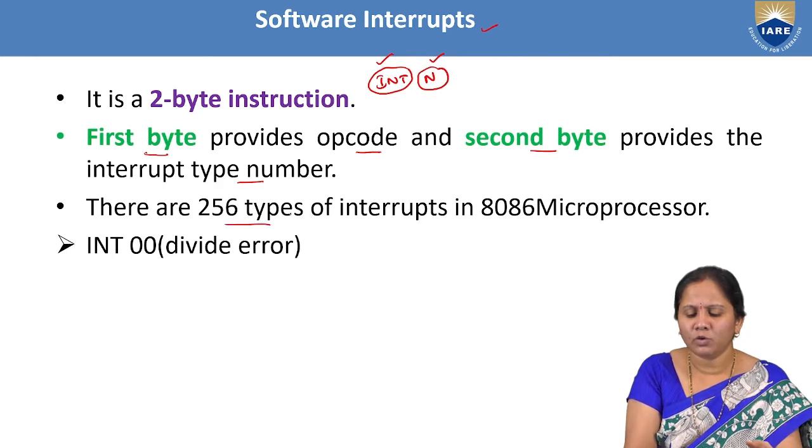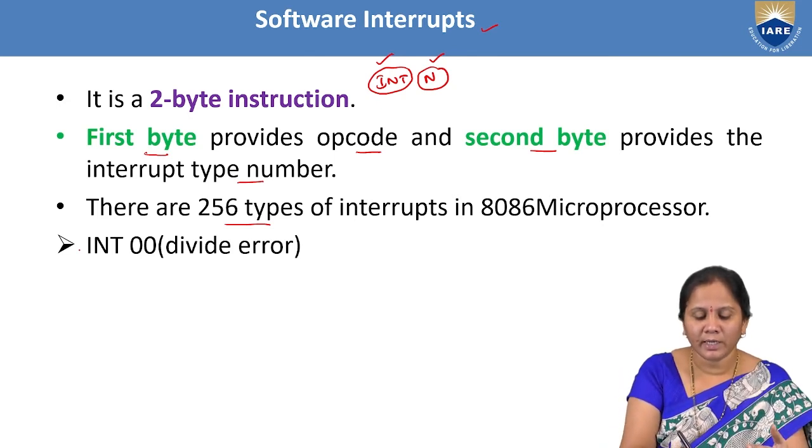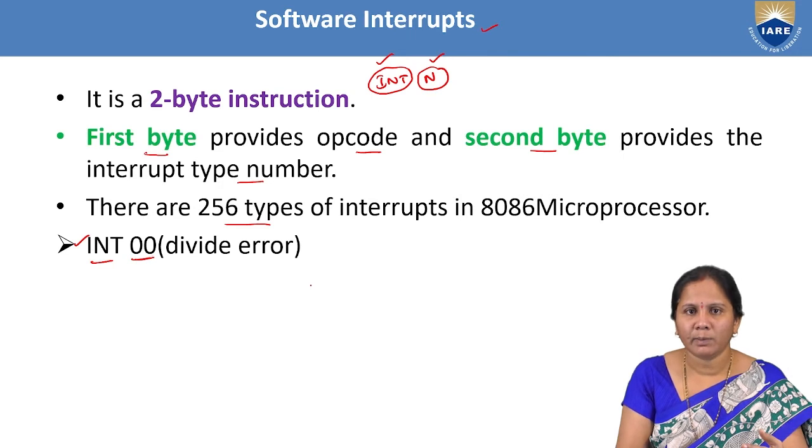Among these 256 interrupts, we are going to learn in detail about 5 interrupts that come under the dedicated interrupts classification in the interrupt vector table. What are those 5 interrupts? INT 00. This INT is an opcode and this 0 represents the type number.